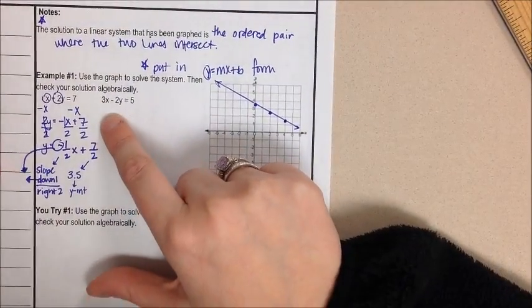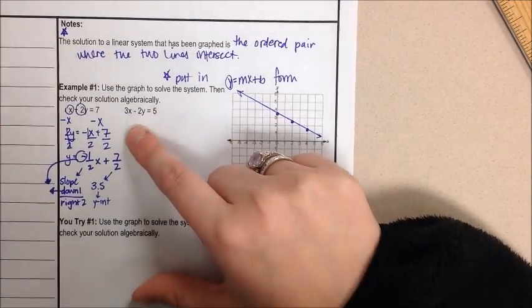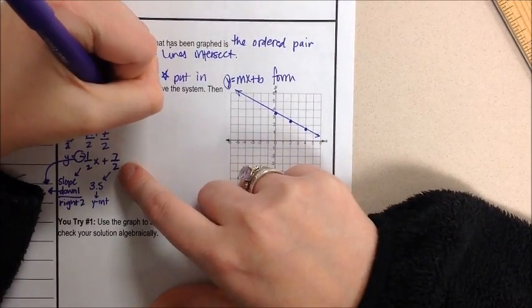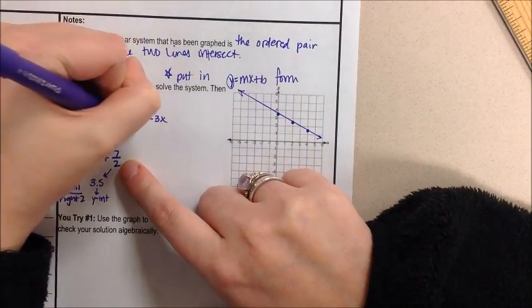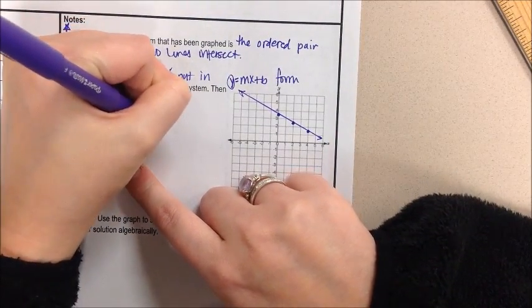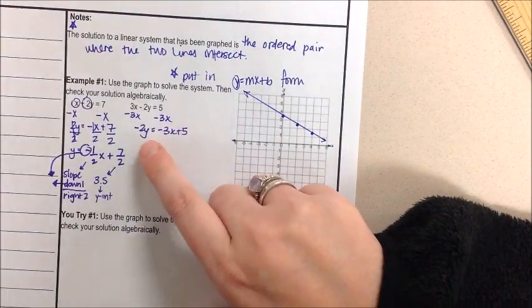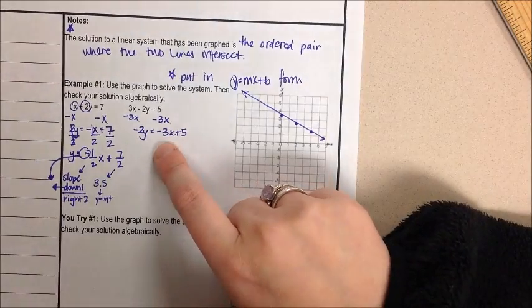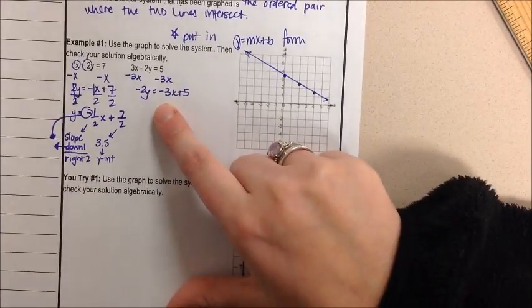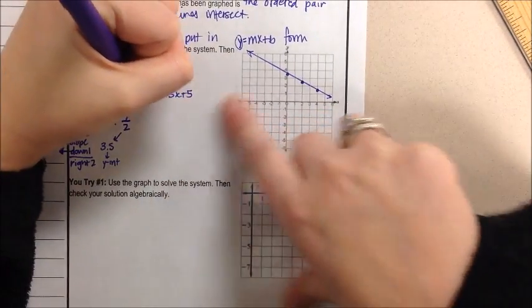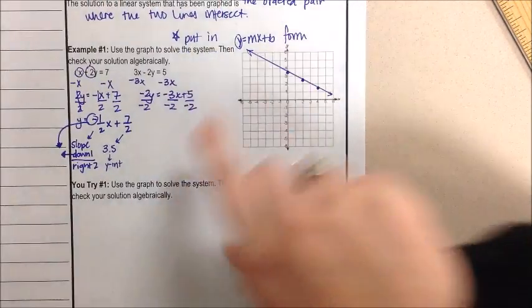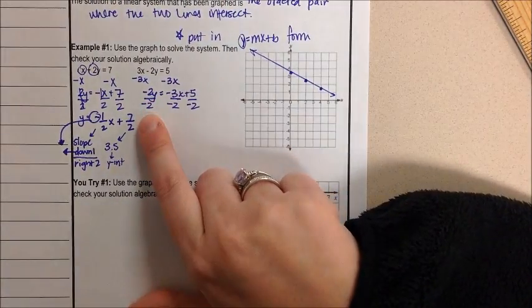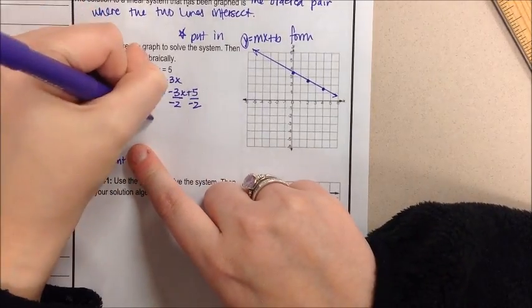Okay. So then this one I need to solve and put into y equals mx plus b. So I'm going to subtract the 3x from both sides. Then I have negative 2y equals negative 3x plus 5. And again, I put that x term first. Then I'm going to divide by negative 2 on everything, because I need to get the y by itself. So that cancels out.